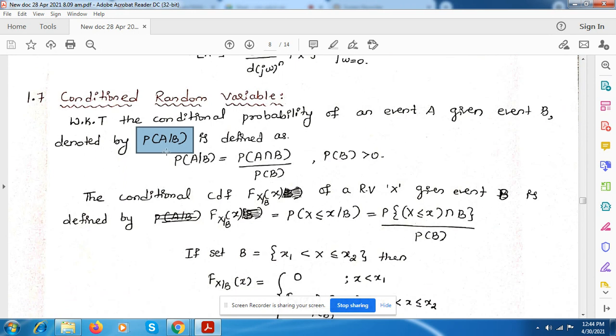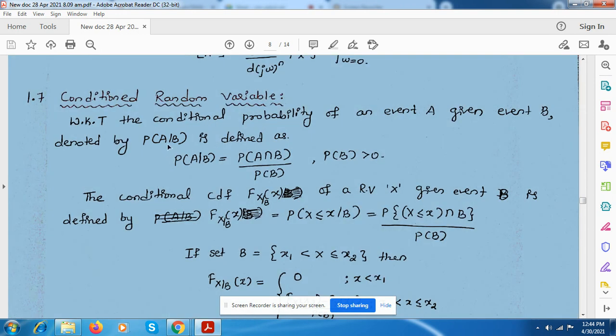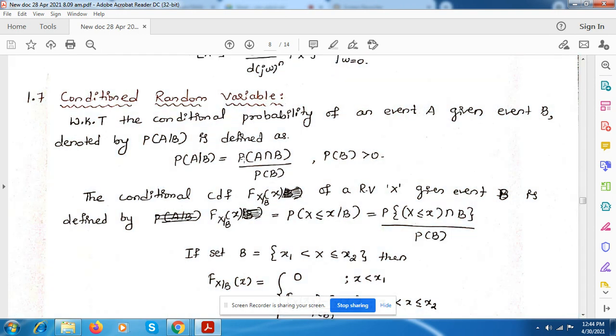We can write the equation for this conditioned probability: probability of A given B is probability of A intersection B divided by the probability of B. Here the probability of B will always be greater than 0.